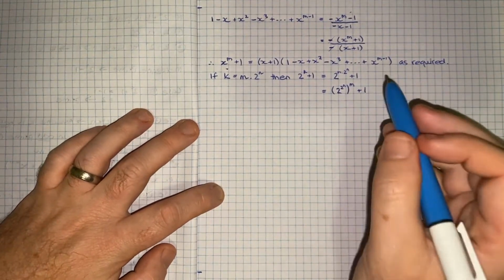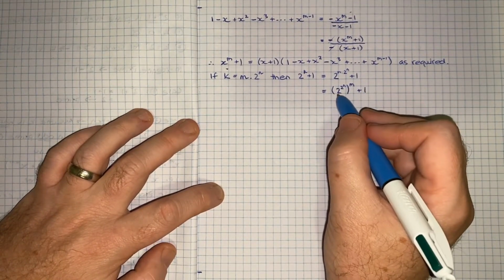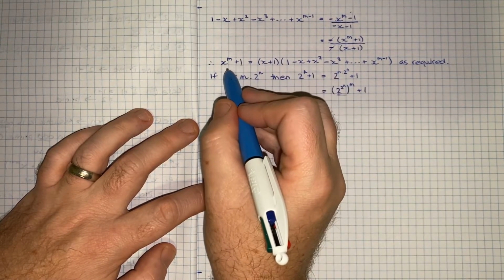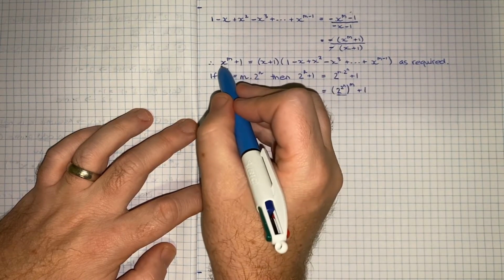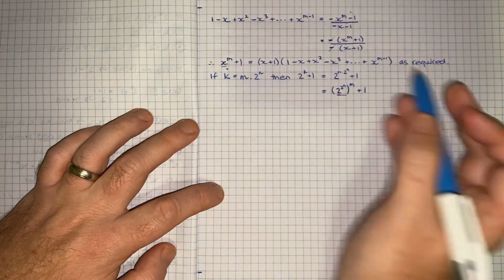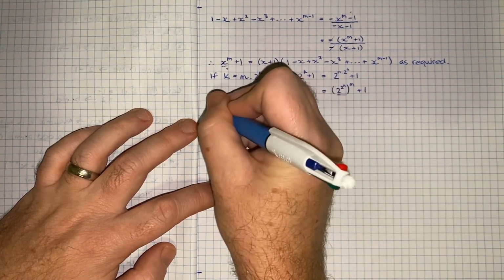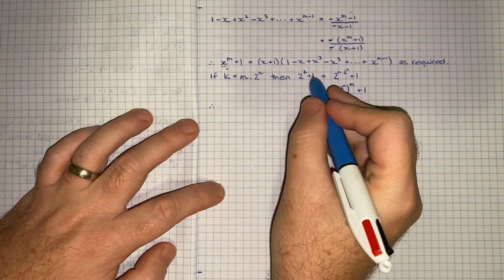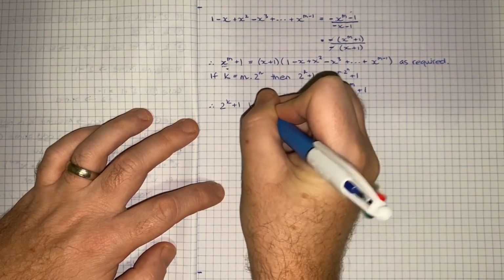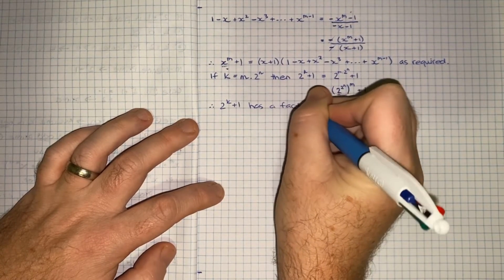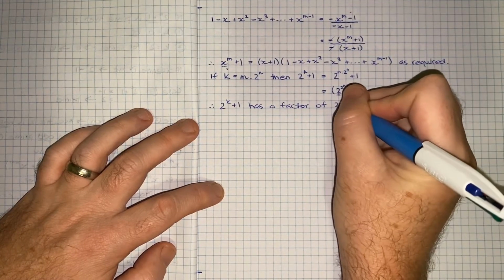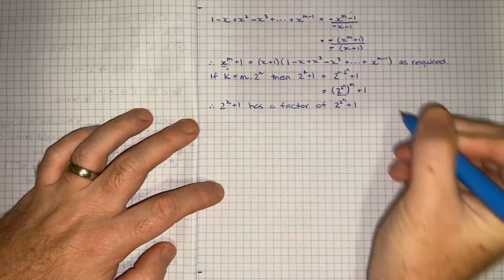And now, hopefully, you can see that this is something to the power of m plus 1. And we just showed that something, x to the power of m plus 1, has a factor x plus 1. So we can conclude that this 2 to the k plus 1, where k is defined in this way, has a factor of, in our case, x is 2 to the power of 2 to the n, so 2 to the power of 2 to the n plus 1.